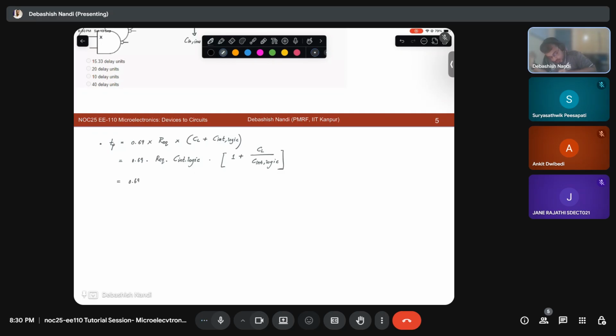Then we will take this times R equivalent times C internal inverter times C internal logic divided by C internal inverter, CL by C in logic divided by C internal logic divided by C in logic. Is this much clear?